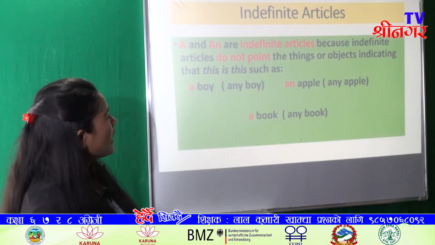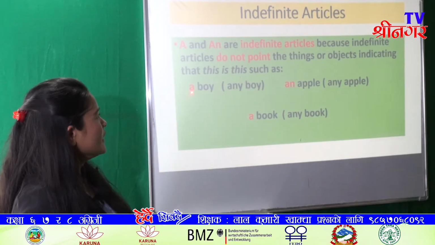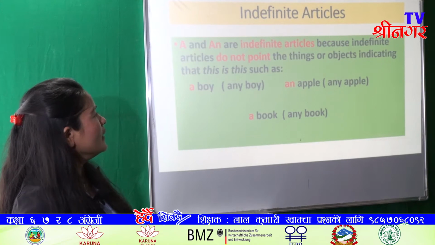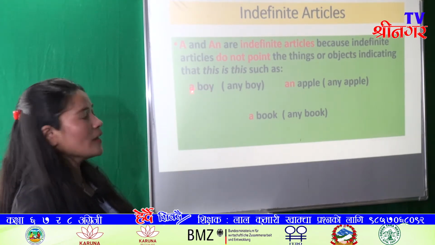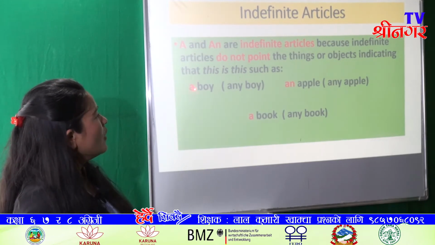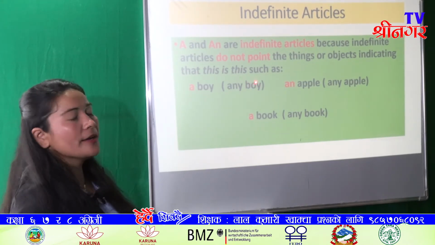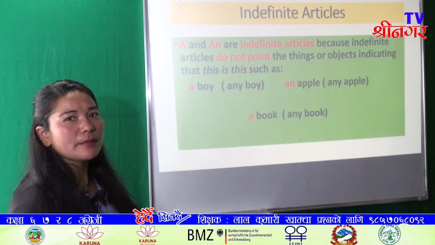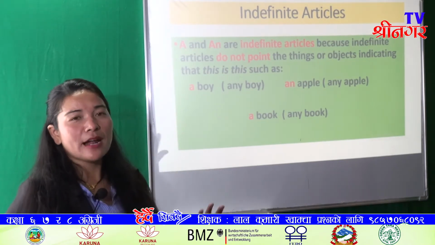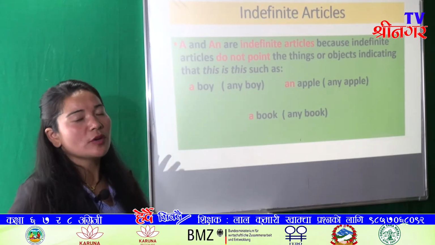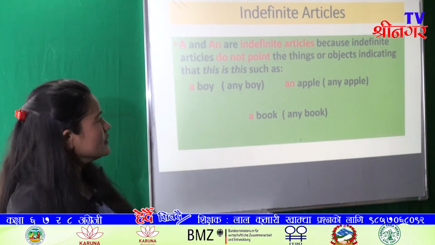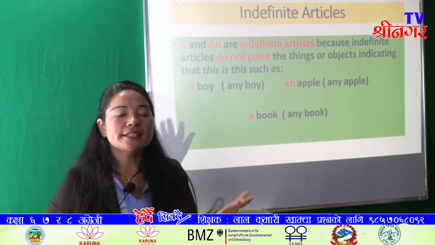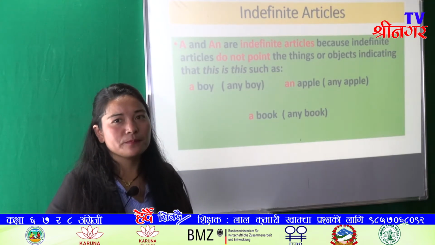In our example, look here: boy. Before boy, we have used a, and a boy means any boy. Any might be Hari, Sam, Ram, anyone, not specific. Here a doesn't indicate a specific boy.